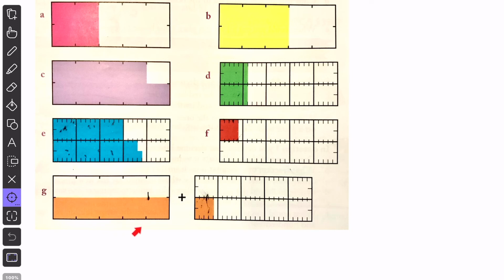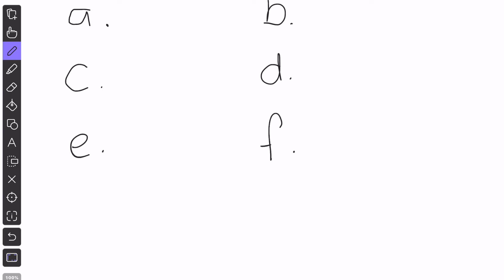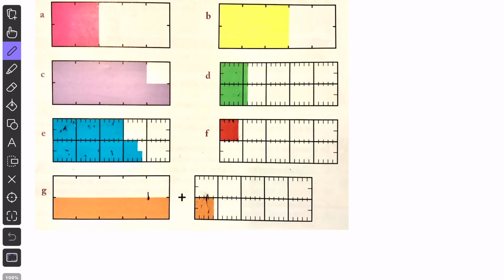Okay, now let's have a look at an example of how I want you to answer these. Right, so we're going to have A. So on your piece of paper you're going to write down A, then you'll have B, just like on the examples, C, D, E, F, and the last one is G, of course, down the bottom. Right, so let's have a look at A. So we'll go back to our example. Right, so we'll see that here we've got, in red, we have 1, 2, 3, 4 shaded in.